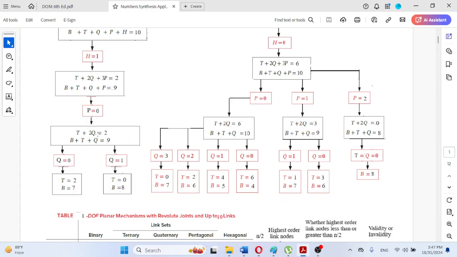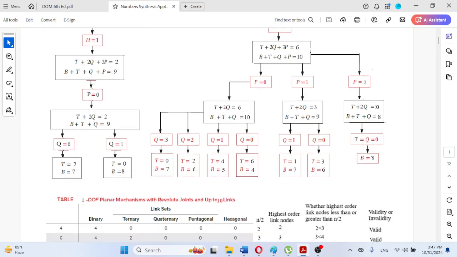That means the ternary links will become minus 2, which is impossible. So only two values are possible and correct, q is equal to 0 and q is equal to 1. If q is equal to 0, then t is equal to 2, meaning if quaternary links are 0, then there must be two ternary links for this case.